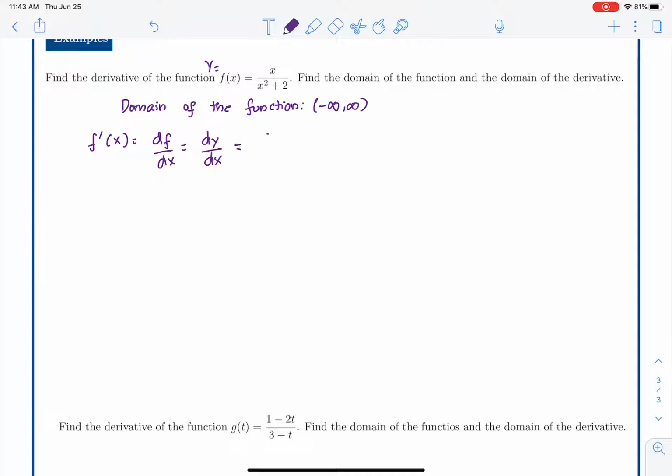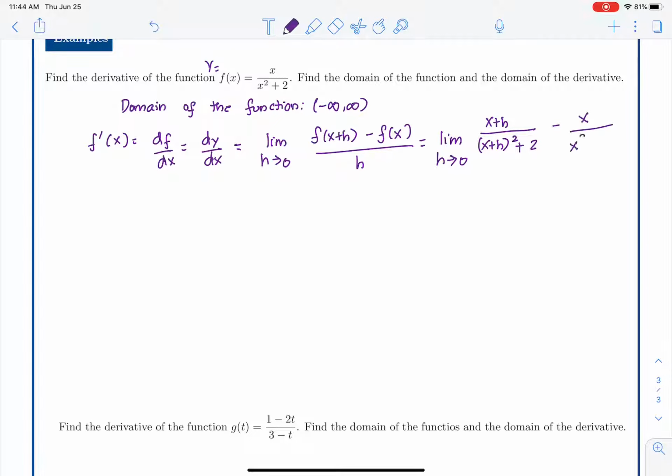And that is equal to the limit as h approaches 0 of f of x plus h minus f of x divided by h. So in our case, that would be x plus h divided by x plus h squared plus 2 minus x over x squared plus 2, divided by h. And we need a common denominator, just like we required in the previous problem.